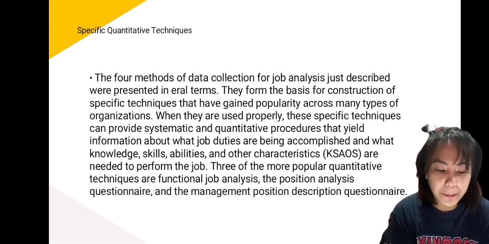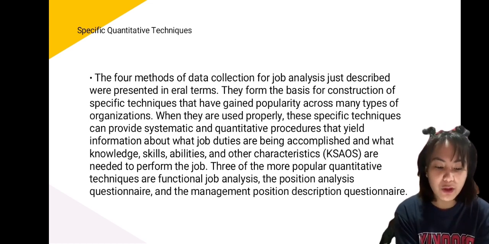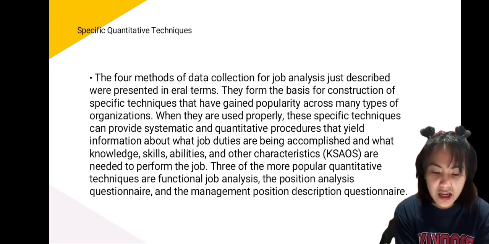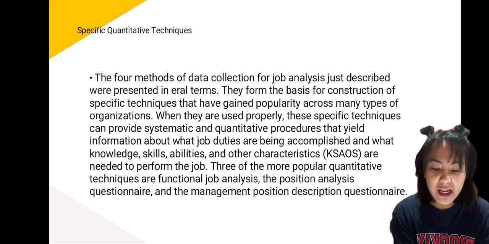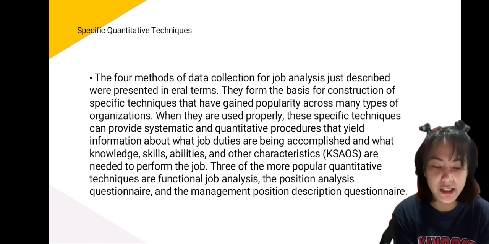When they are used properly, these specific techniques can provide systematic and quantitative procedures that yield information about what job duties are being accomplished and what knowledge, skills, abilities, and other characteristics are needed to perform the job. Three of the more popular quantitative techniques are functional job analysis, the Position Analysis Questionnaire, and the Management Position Description Questionnaire.